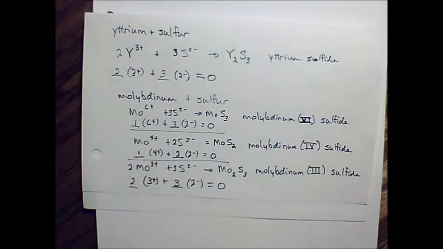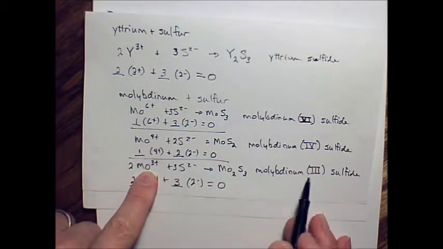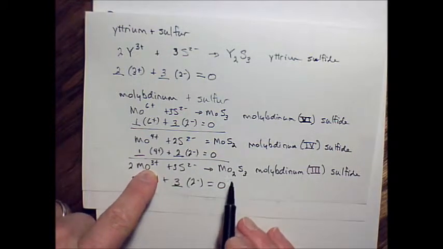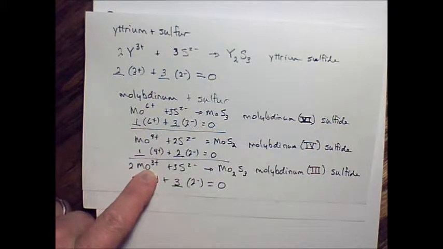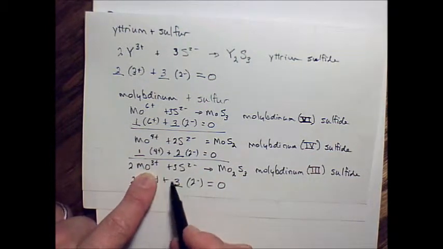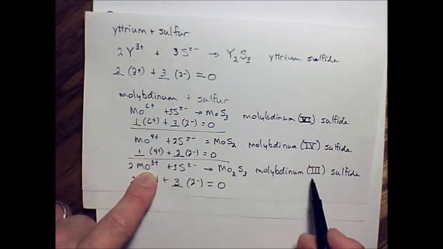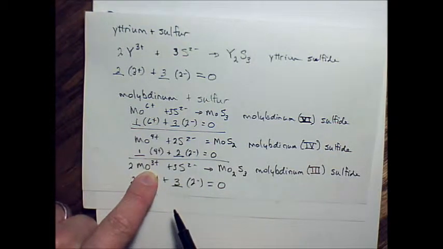Because it has a 3 plus charge on it, the Roman numeral 3 doesn't tell me the subscripts. Everybody listening? You need to know this. This is the biggest mistake students make on naming compounds, at least these kinds of compounds. The Roman numeral has nothing to do with the subscripts in the formula. The Roman numeral tells you the charge on the metal ion. Got that?